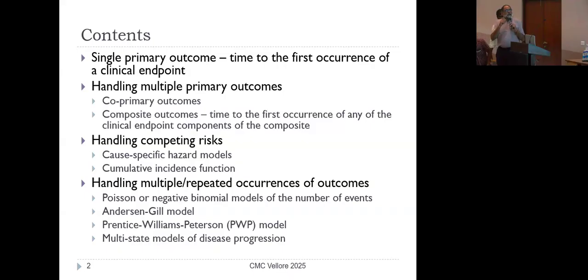So we'll talk about the application of survival analysis in clinical trials when we have the case of a single primary outcome, which I've been talking about. But many times we have multiple outcomes that are equally important. So we call them multiple primary. How do we deal with multiple primary? Then we will have competing risks.